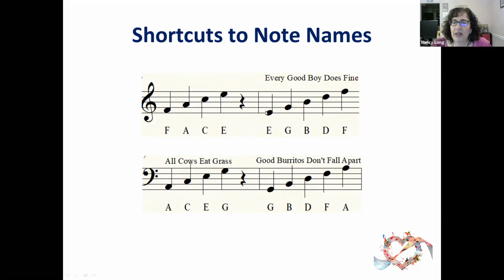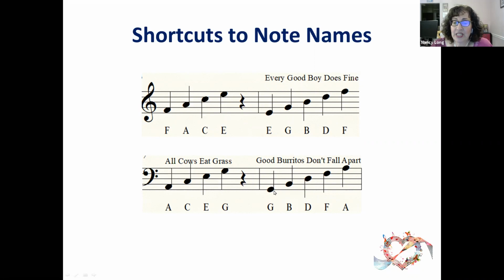Whenever you look at the treble clef, the lines always will spell out the sentence, every good boy does fine. And there are other sentences. You can come up with your own. You're welcome to do that. In the bass clef, the spaces are A, C, E, and G, and spell out the sentence, all cows eat grass.